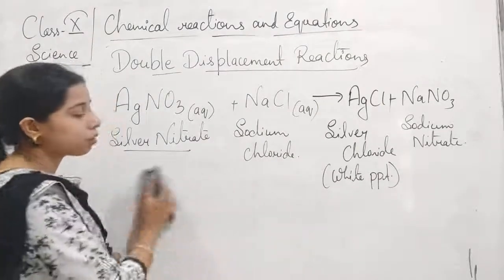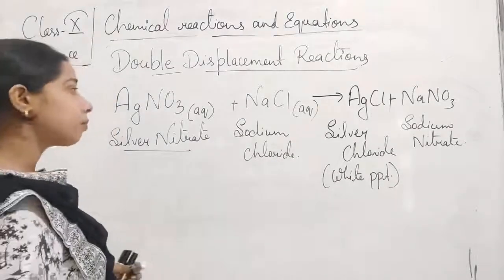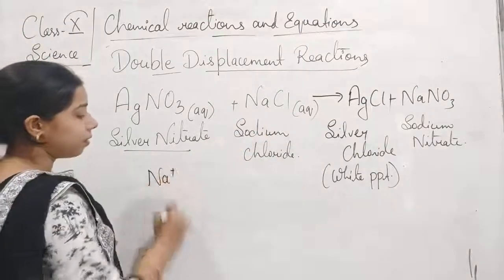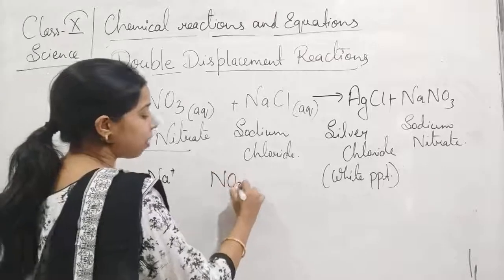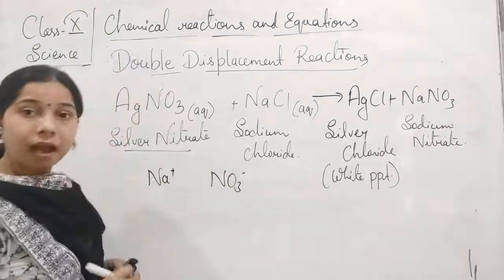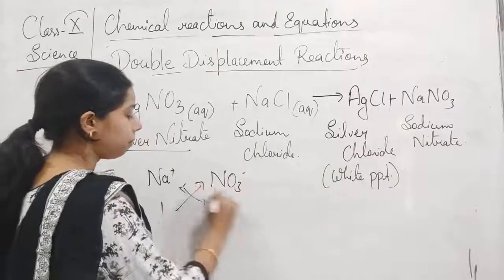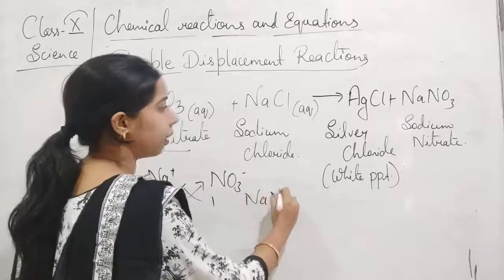What happened in case of sodium nitrate? How is sodium nitrate formed? So basically this sodium ion, that is Na positive, reacts with a nitrate ion, and there is a formation of sodium nitrate, that is NaNO3.